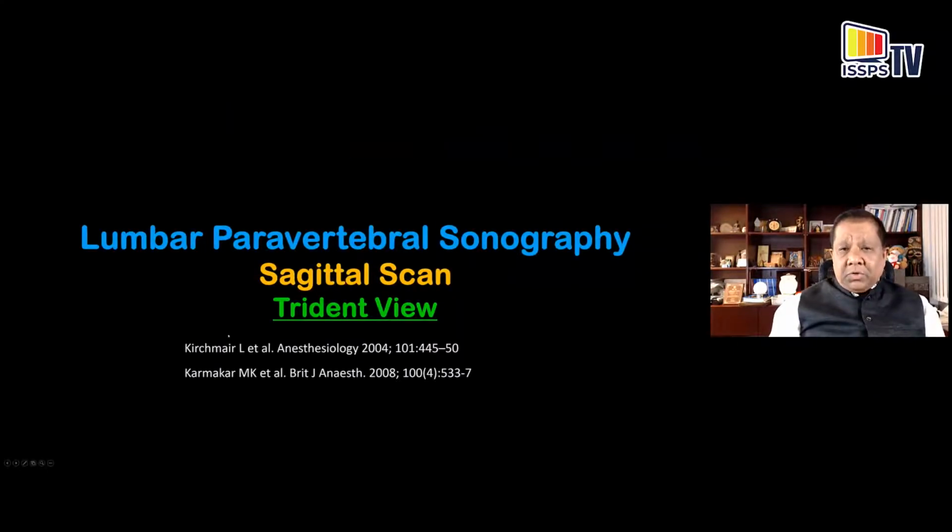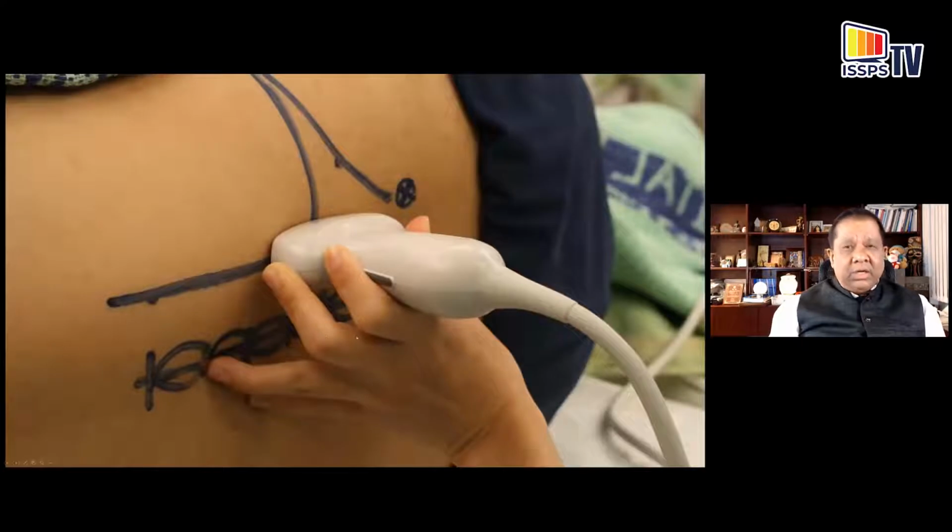The sagittal view was originally described by Lucas Krichmeier and their group in a cadaver study, but because they were cadaver images, they were not really very clearly discernible, and we presented our clinical work in that respect. But you can see here the ultrasound transducer is positioned in the sagittal view about 3 to 4 centimeters from the midline.